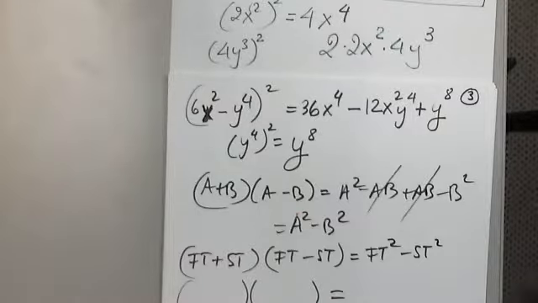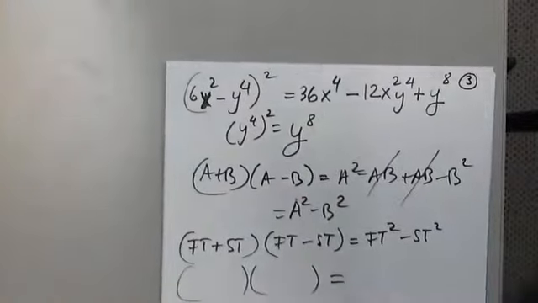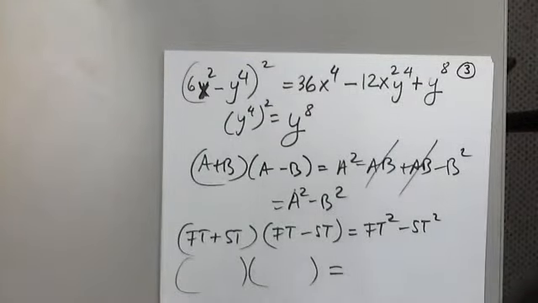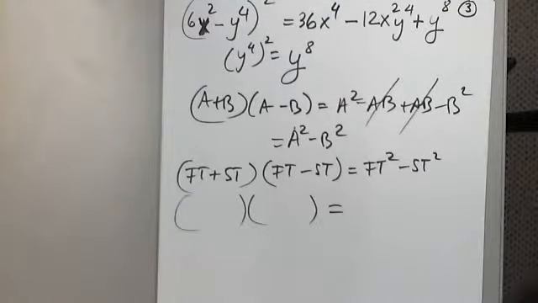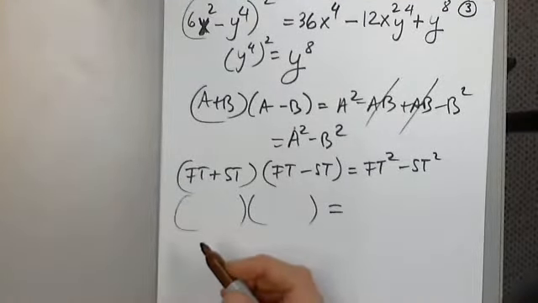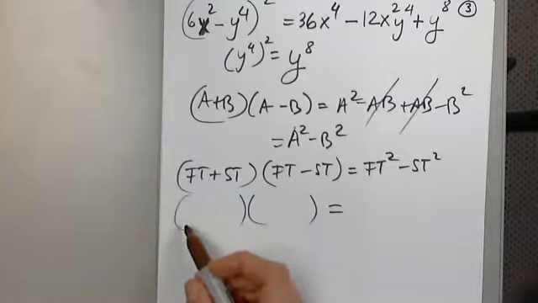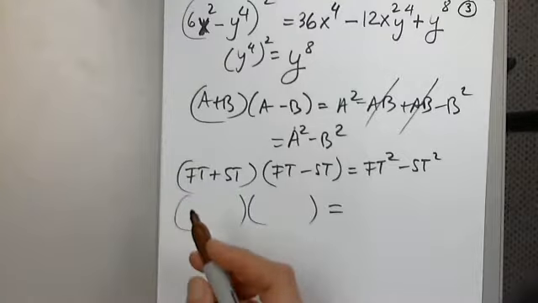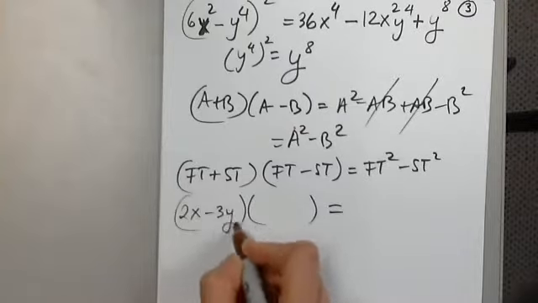And then we can start chapter 1 after this. Okay. 2x minus 3y.